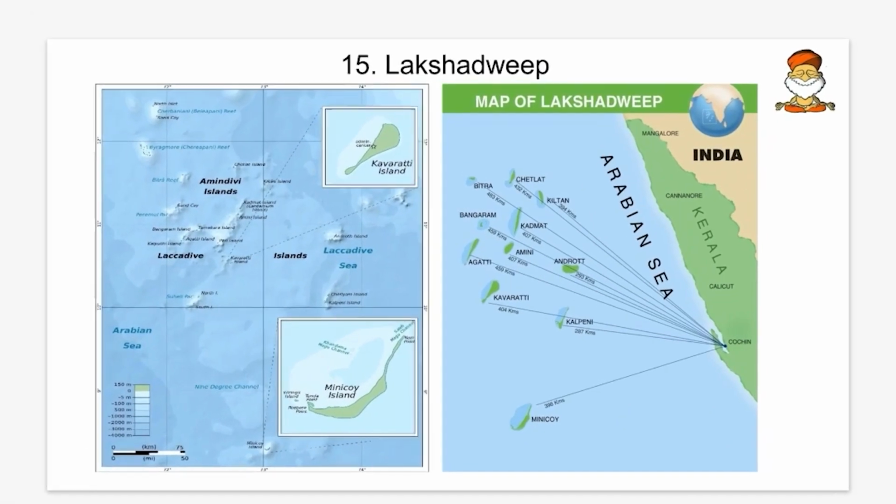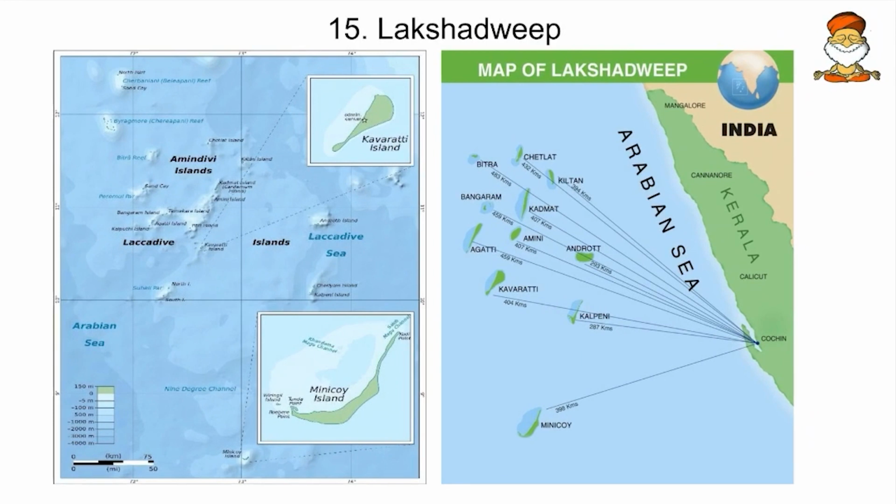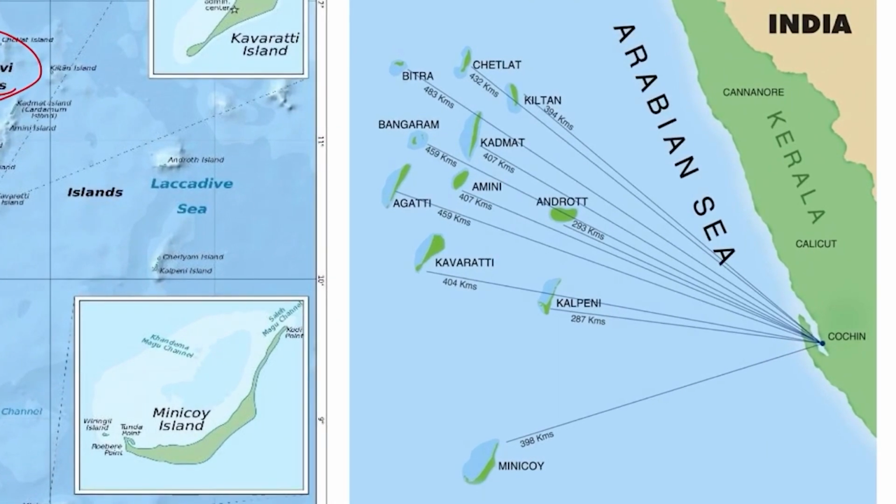Then come to next, the Lakshadweep. So here in Lakshadweep we have some of the islands which are large enough, like the Amindivi Islands, then Laccadive Islands and others, and some of the other large islands are the Chetlat, Kiltan, Bitra, Bangaram, Kadmat, then Amini, Androth, Agatti, Kavaratti, Kalpeni and Minicoy.